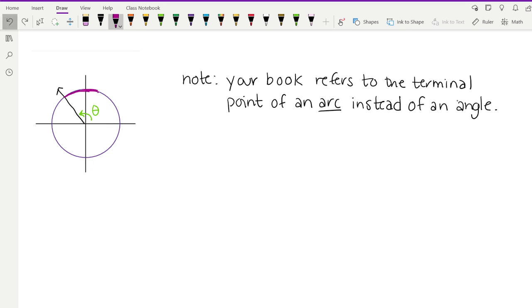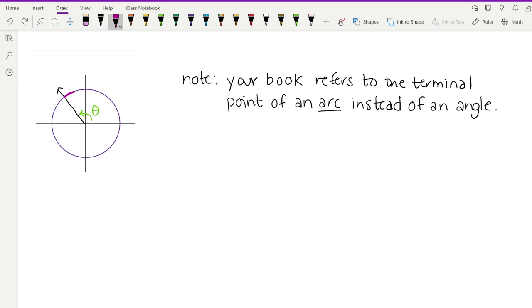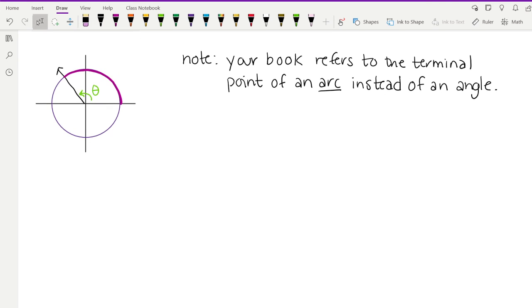I'm going to try to do that a little neater by making this a thicker pen. Okay. So it turns out that the length of the arc that I just highlighted in purple is actually the same as this angle. And it comes back to that arc length formula that we learned in our last video.